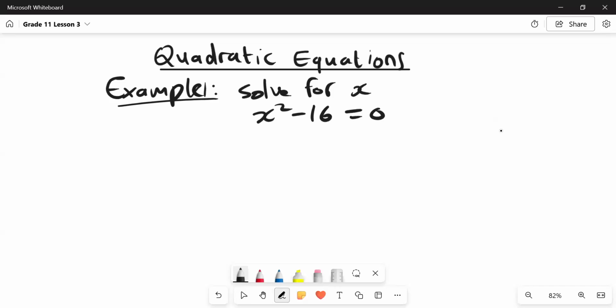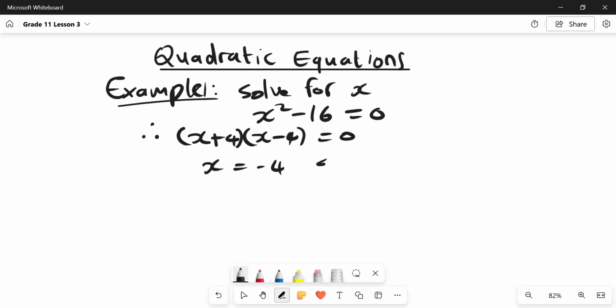So you have x squared minus 16. What do I do there? What comes to my mind is difference of two squares. Factorize this using difference of two squares. And then from here, your x would be -4, or your x would be 4. And then you're done, right?